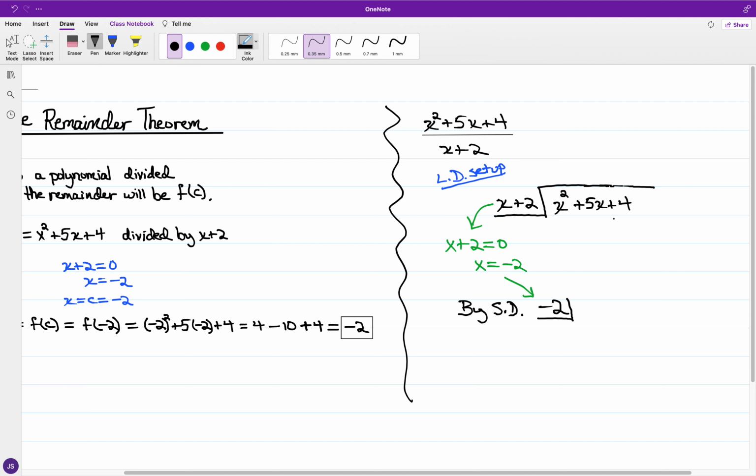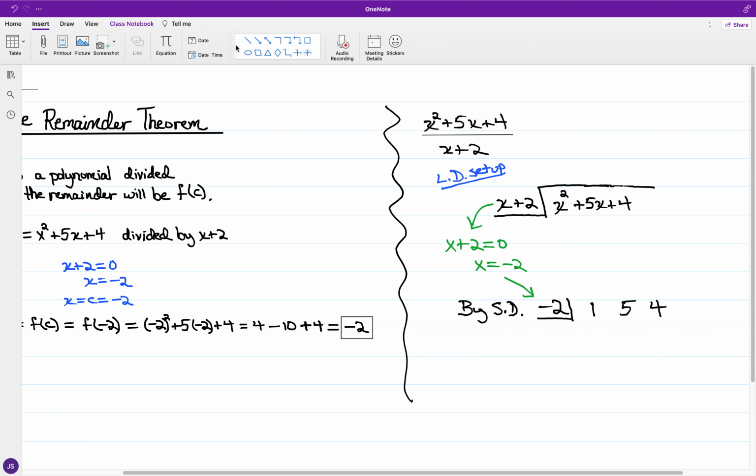For the coefficients of the dividend, I have a second degree term, first degree term, and a constant, so there were no missing x terms. For the coefficients, I have 1 for 1x squared, 5 for 5x, and again 4 with the constant.